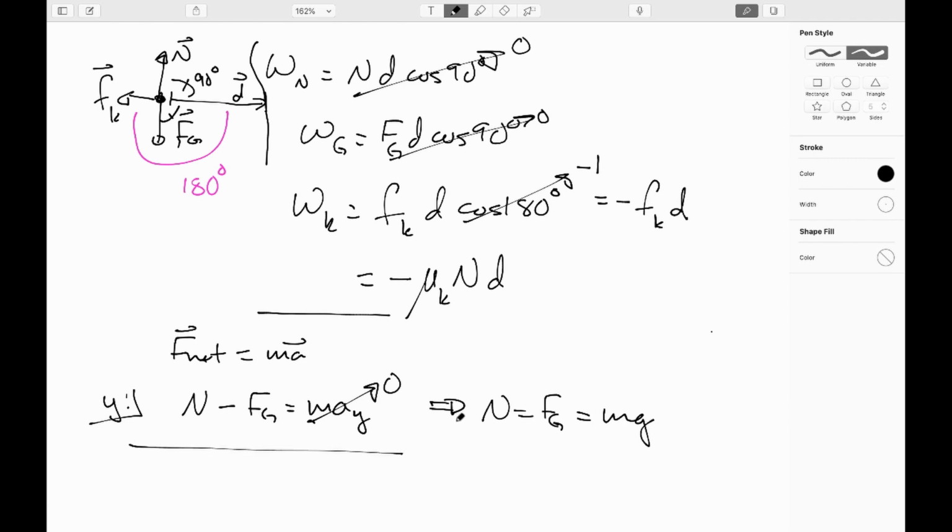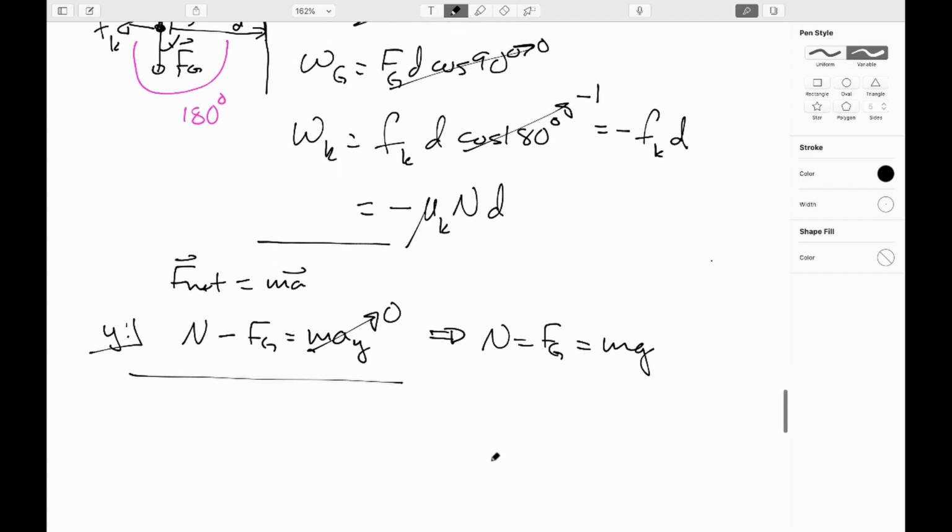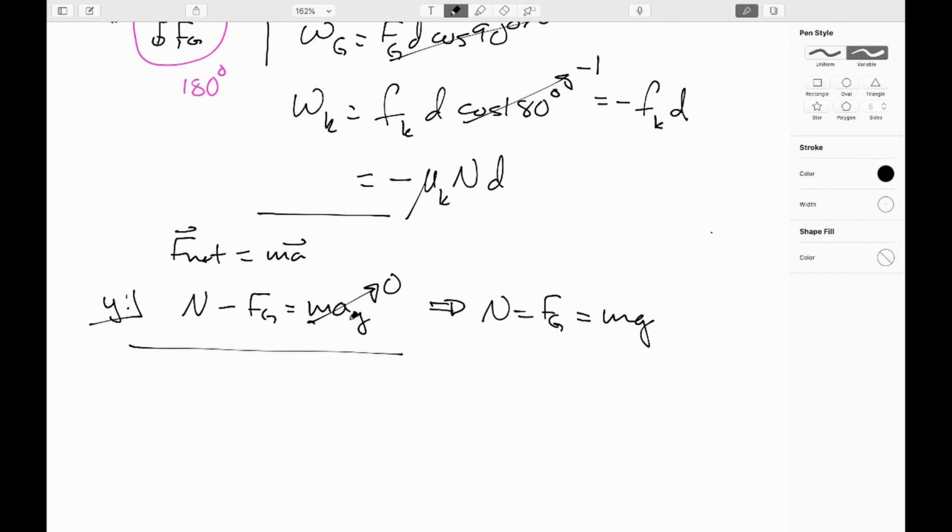All right, so now notice this, we don't need to worry about doing Newton's second law in the x direction. We can just go ahead now and take our expression for the normal force from just looking at the y component and get the work done by kinetic friction now. So the work done by kinetic friction will now be minus mu k mg, and then we had the d for the displacement.